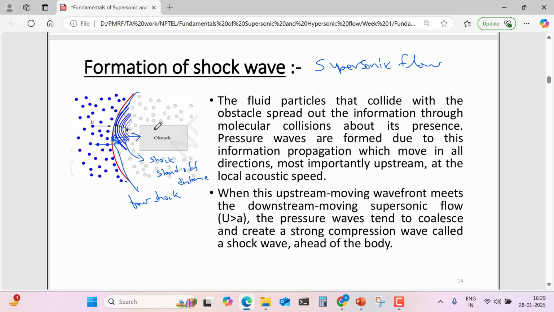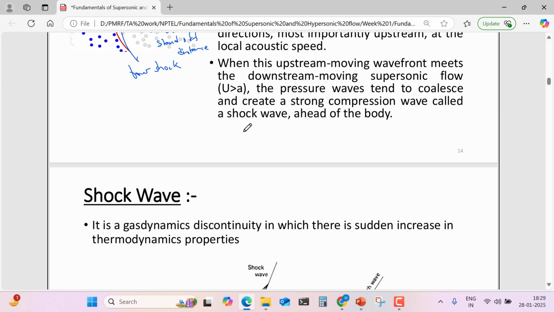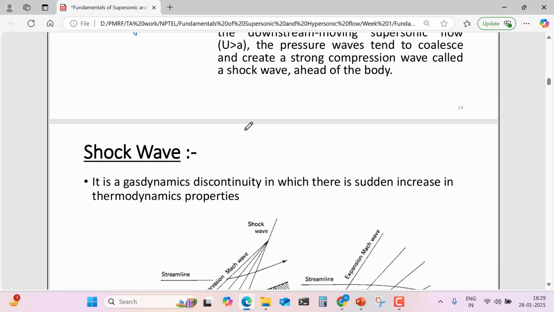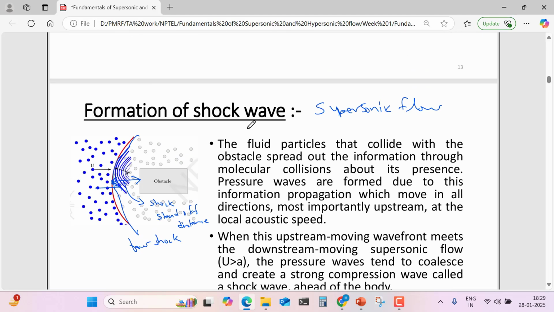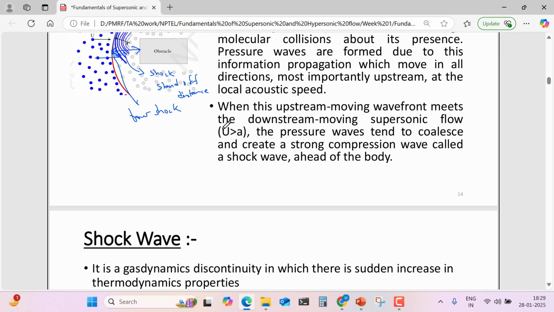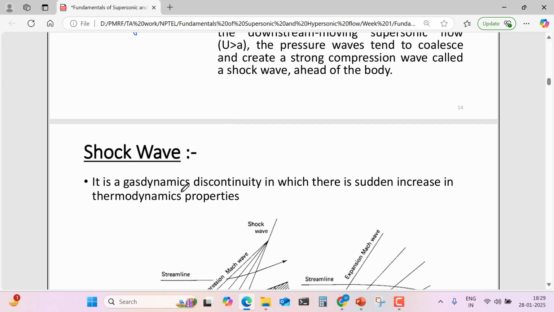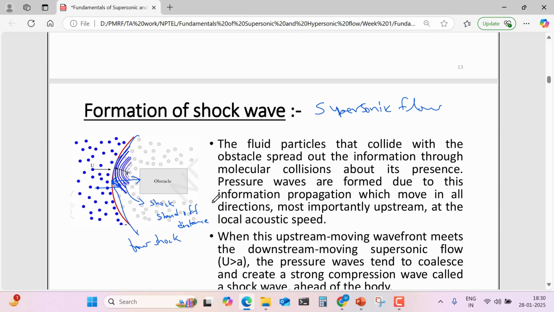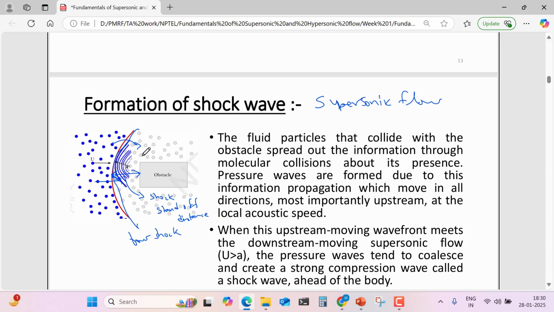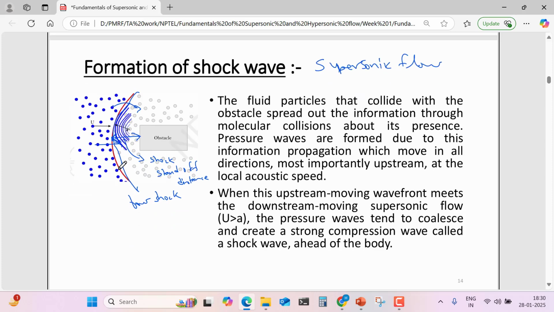Like this, the pressure wave is formed. So a shock wave is nothing but a gasdynamic discontinuity in which there is a sudden increase in thermodynamic properties. Just after you cross this shock wave, there is a sudden change in gasdynamic properties. Pressure will suddenly increase, temperature will increase, and density will increase.